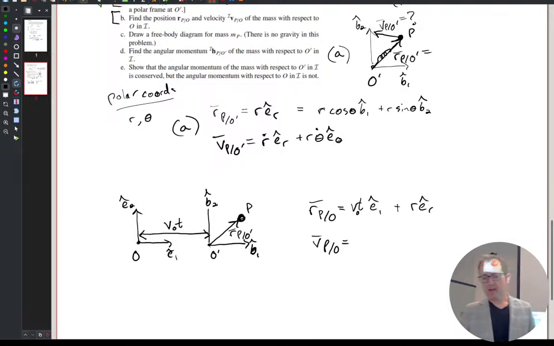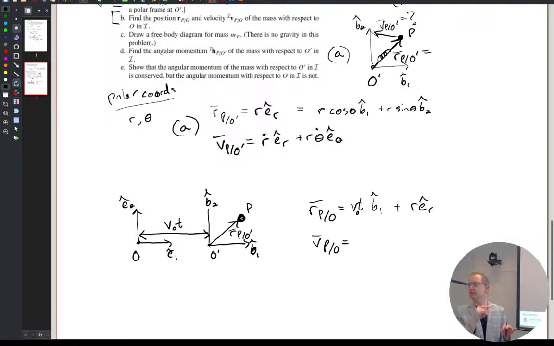Can I replace E1 with B1? Is there a difference between E1 and B1? What happens if you take a vector and you move it somewhere new? Does it change the magnitude or the direction?